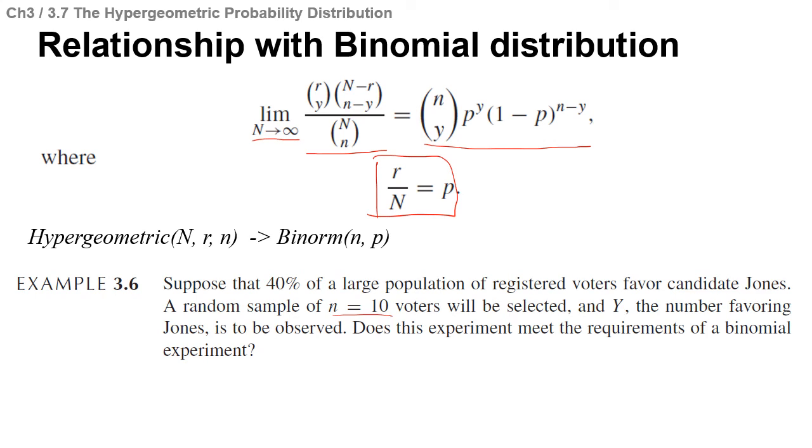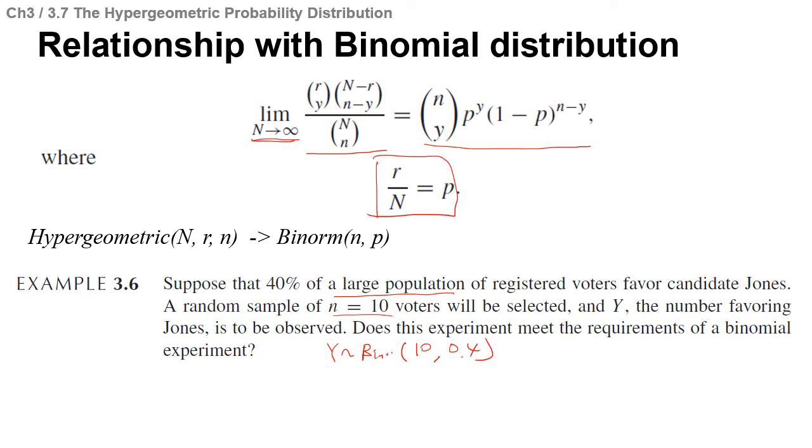Does this experiment meet the requirements of a binomial experiment? For a large population, we can think that this approximately follows a binomial distribution. So here we say that the random variable y follows a binomial distribution with 10 and 0.4.